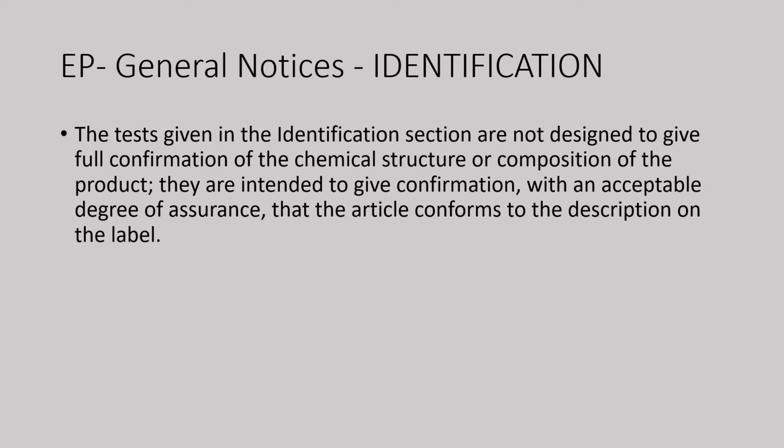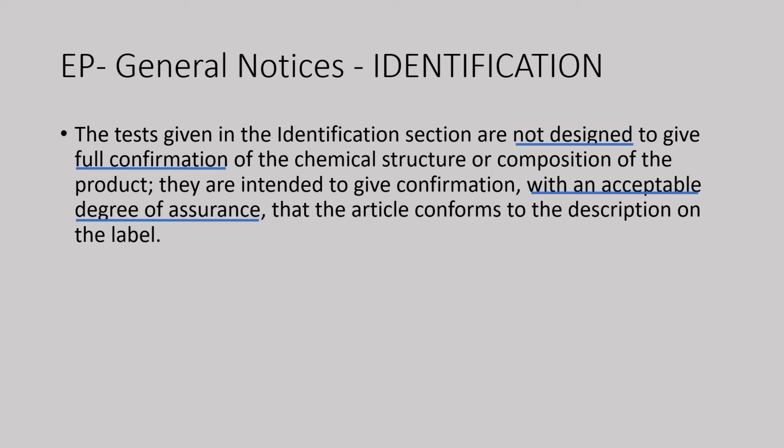Let us see what the European Pharmacopoeia general notices for identification prescribe. It says the tests given in the identification section are not designed to give full confirmation of the chemical structure of or the composition of the product. They are intended to give confirmation with an acceptable degree of assurance that the article conforms to the description on the label.